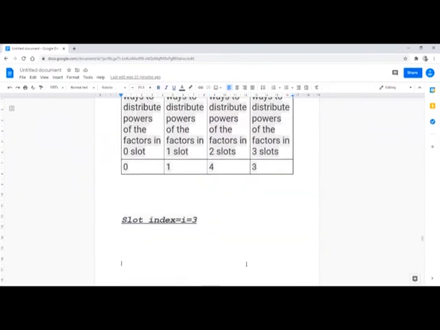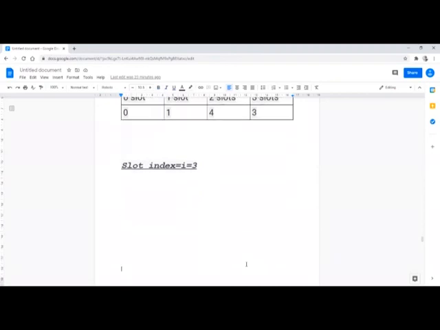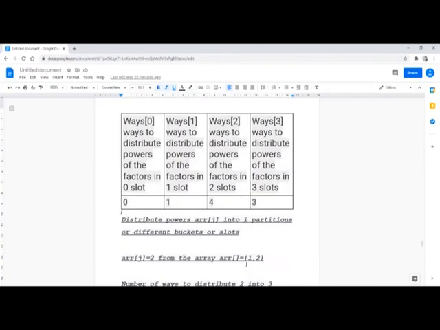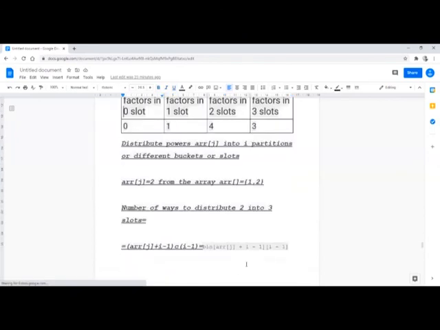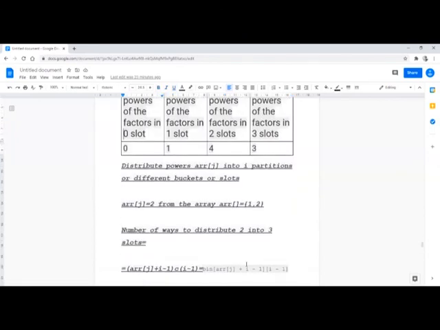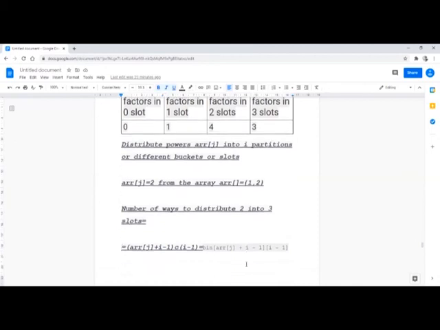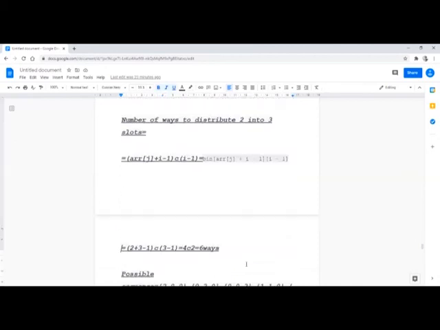So similarly, slot index i is equal to 3. This is the DP array. We distribute the powers array of j into i partitions or different buckets or slots. Array of j is equal to 2 from the array ARR is equal to 1 comma 2. Number of ways to distribute 2 into 3 slots: array of j plus i minus 1 C i minus 1.